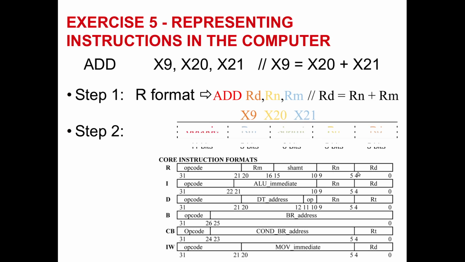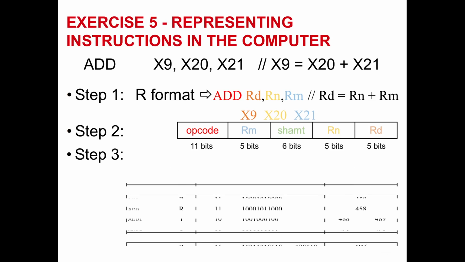In your lecture, you can see it like this. We have the opcode, which takes 11 bits. RM takes 5 bits. This is not important at this time, but it takes 6 bits. RN needs 5 bits, and RD needs another 5 bits, and their locations will be like this.